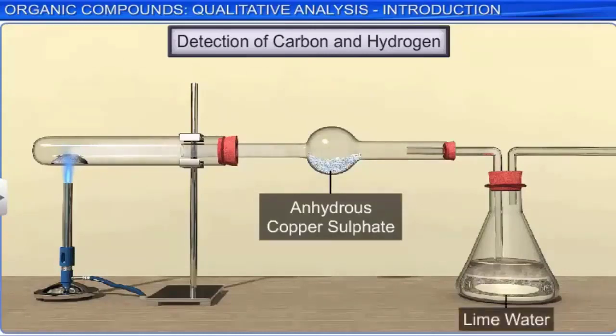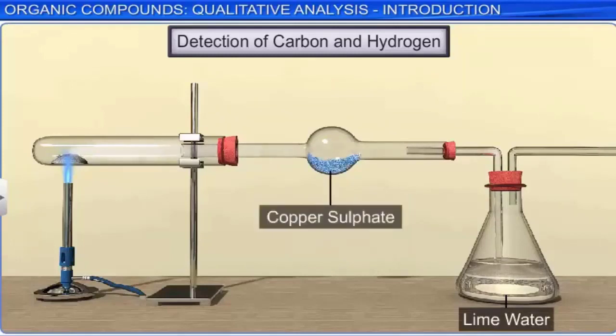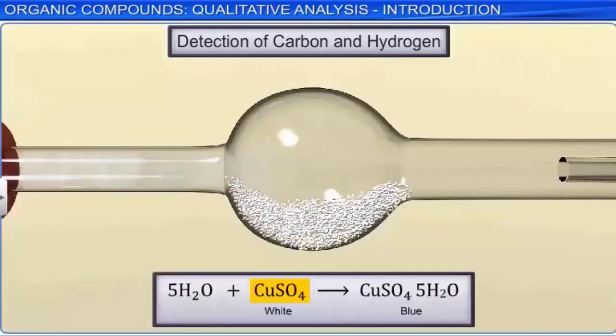We observe that copper sulfate turns blue, whereas lime water turns milky. Anhydrous copper sulfate absorbs moisture and turns blue due to the formation of hydrated copper sulfate, that is, copper sulfate pentahydrate. This indicates the presence of hydrogen.